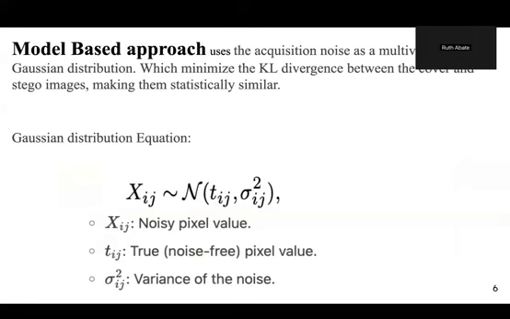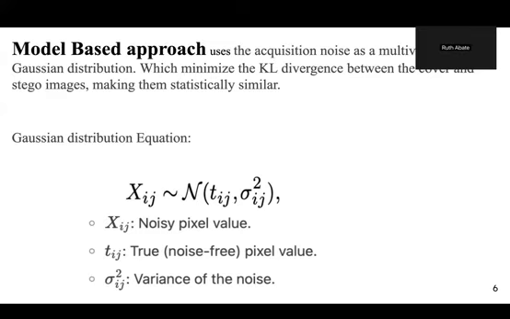The model-based approach. Unlike heuristic methods, which rely on rules of thumb, this approach is grounded in statistical theory. The key idea here is to model the acquisition noise, the random variation introduced when capturing an image, as a multivariate Gaussian distribution.